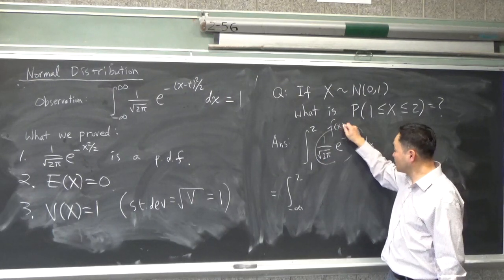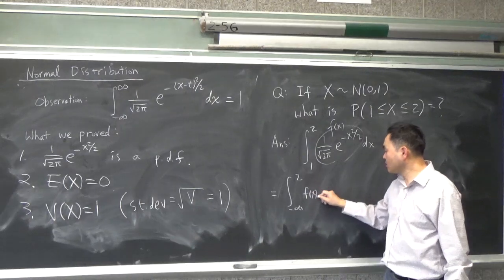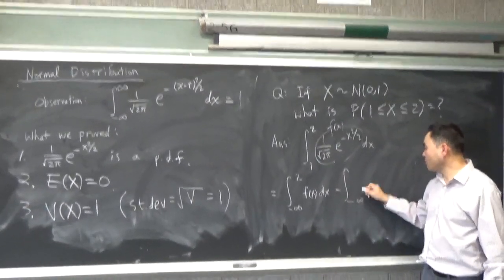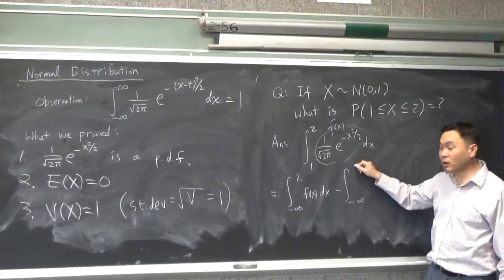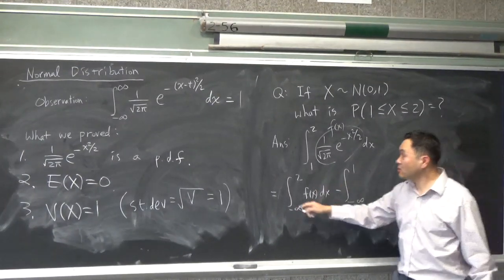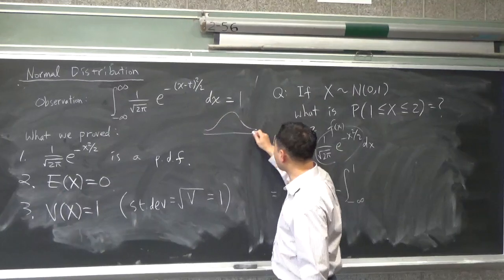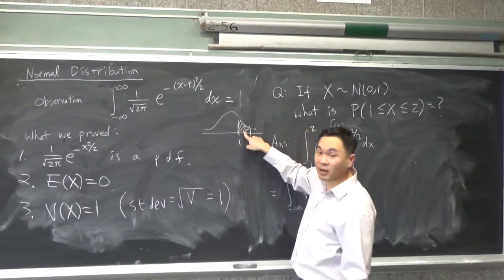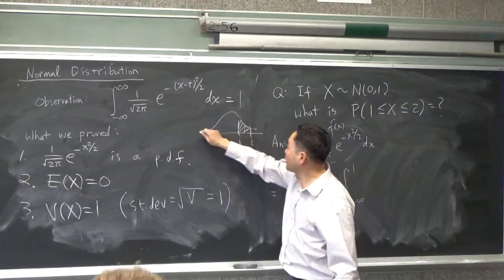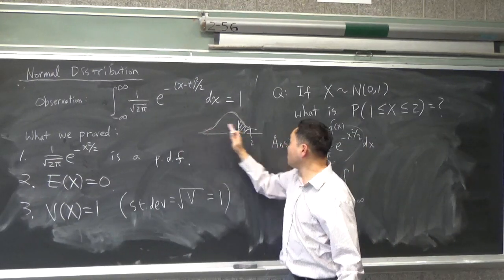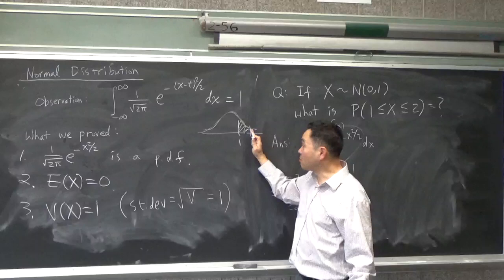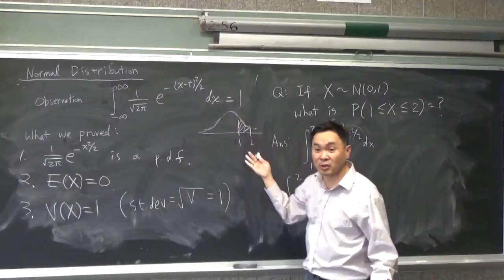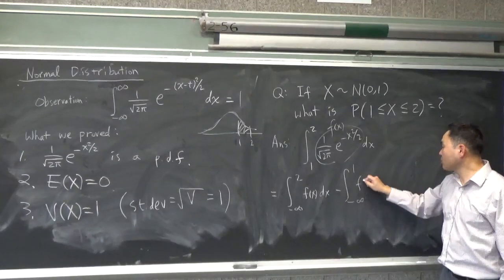Integral of f(x) dx from negative infinity to 1. Because then, see, here's the bell curve. Here's 1, here's 2. We want this area. How do you get this area? You take from negative infinity until 2, minus negative infinity up until 1. If you subtract those two values, then you get the value, right? So that's what you do.